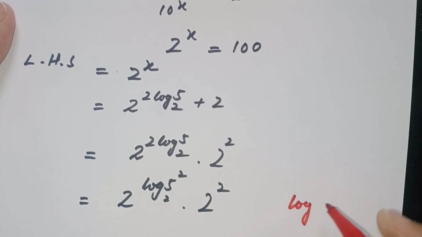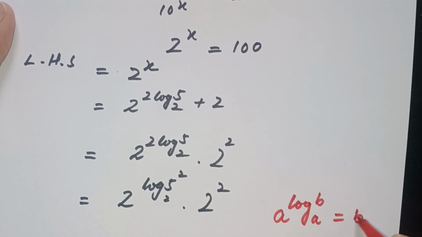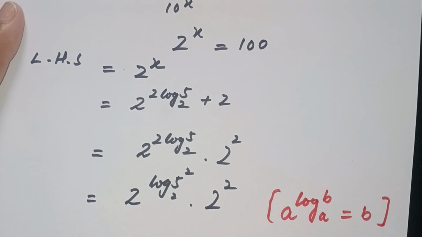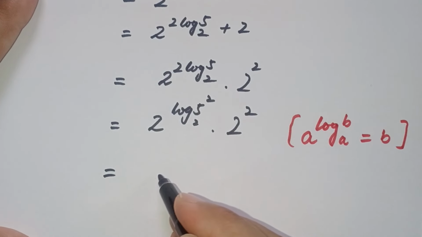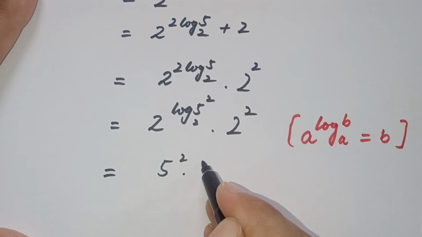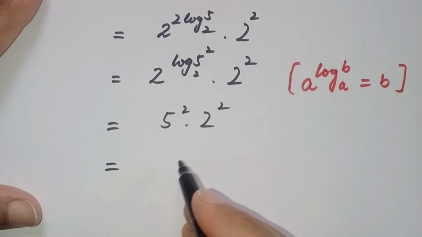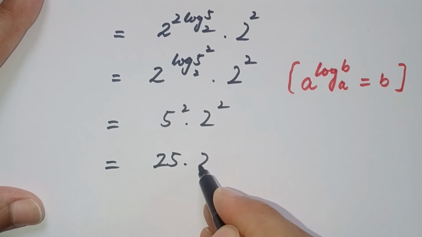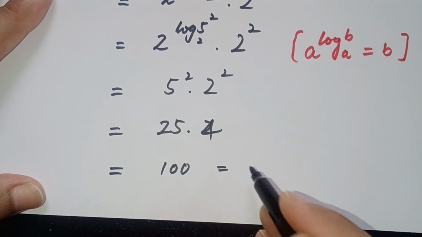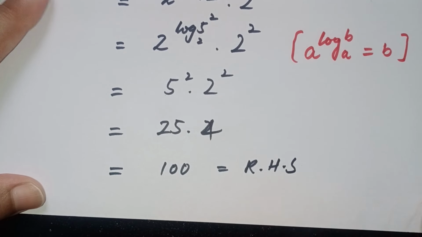We can use this property: if we have a power log b to the base a, the answer is b. So we get 5 squared times 2 squared. 5 squared is 25 and 2 squared is 4. 25 multiplied by 4 is 100, which is equal to the right hand side.